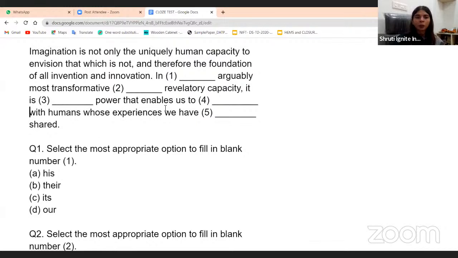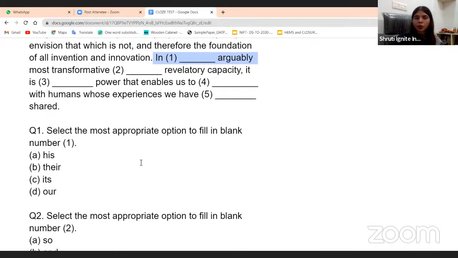So the first part which you're looking at is "in dash arguably". What do you think would be the appropriate option? Because we're talking about the revelatory capacity, you have to think of something that fits over here according to that.